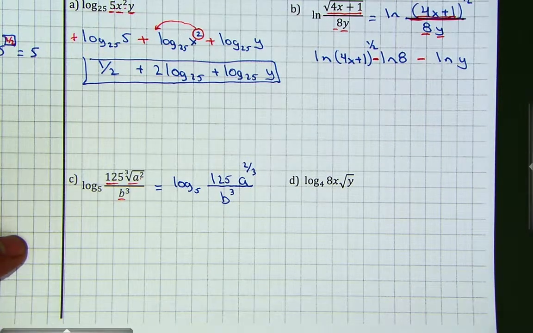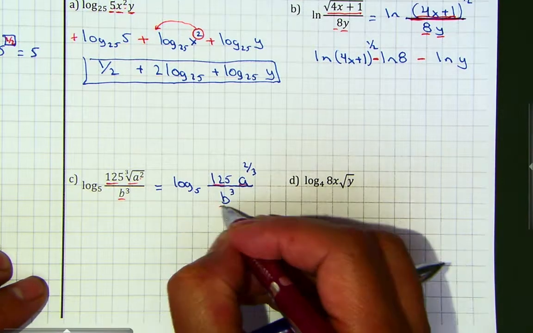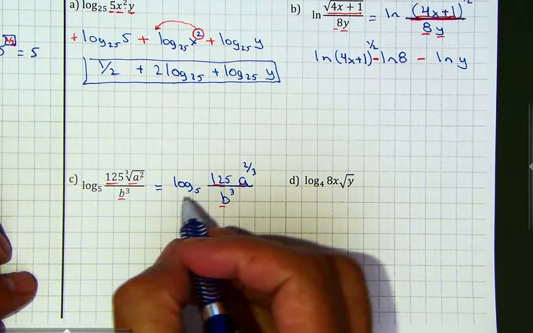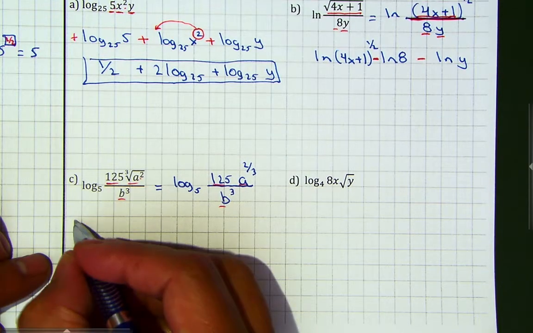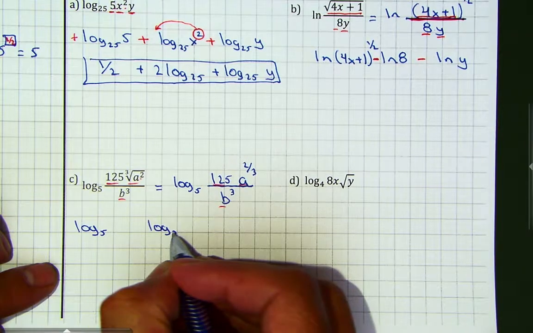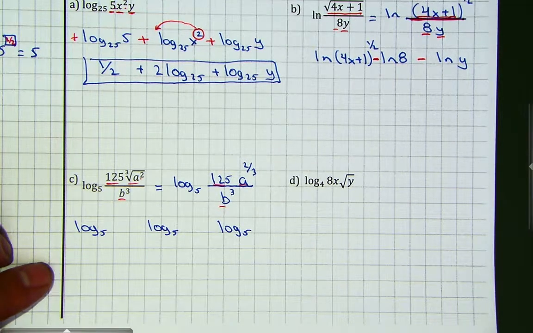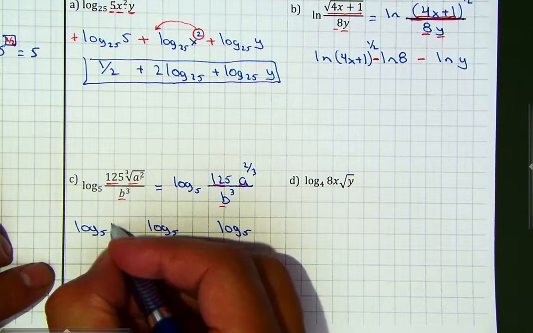So how many components do I have? I have 3. 1, 2, 3. So therefore I need 3 log base 5. Log base 5, space, log base 5, some space, and the log base 5. The first one gets 125.